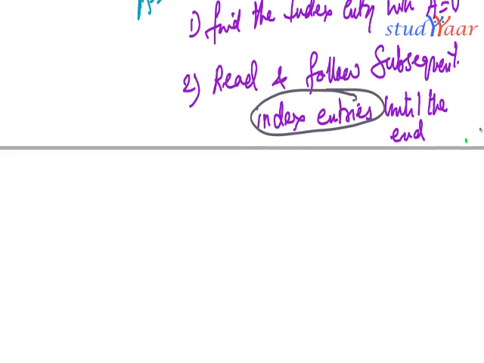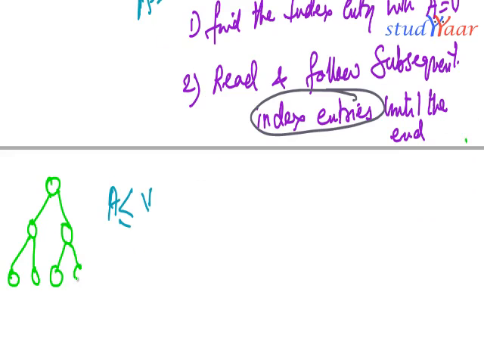For the next case, where I have A less than or equal to v, I am going to start reading index entries from the beginning until I get to v. Let's suppose I have a tree something like this. Obviously I know that my records are present in the leaf nodes, so I am going to start searching like this at the leaf nodes. So what is the procedure?